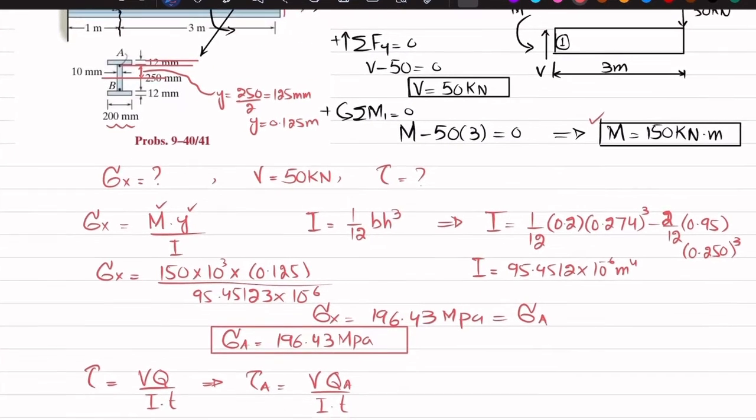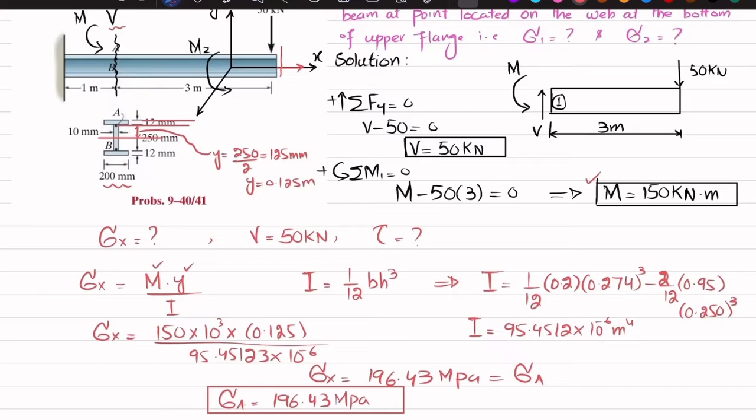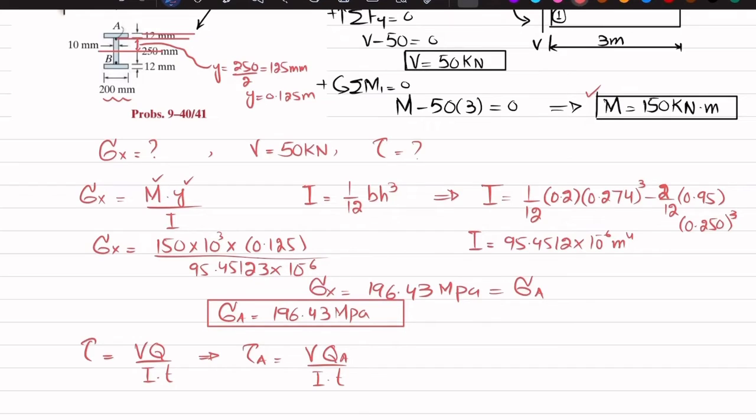So what is the Q? Since this point is here, the area above the point A will be taken, and we know that QA is equal to Y dash bar into A dash.